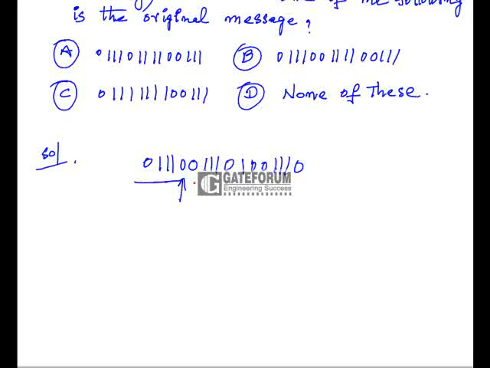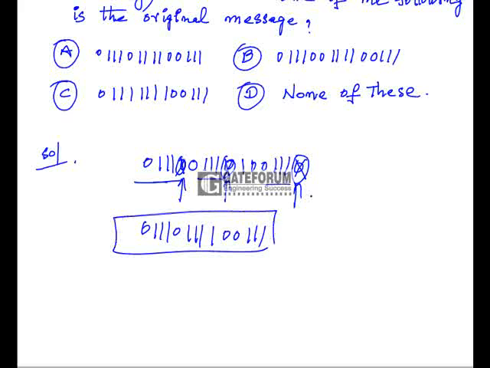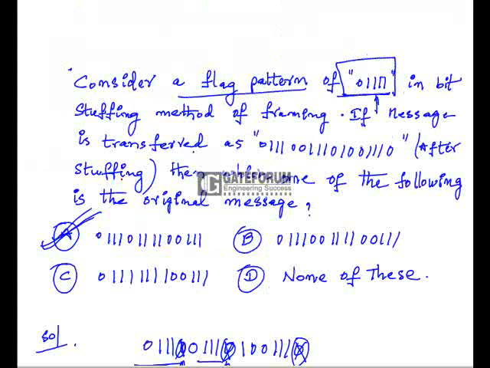So this is a stuffed bit, this is a stuffed bit, and this is also a stuffed bit. If you remove these 3 stuffed bits, you get the original message: 0, 1, 1, 1, 0, 1, 1, 1, 1, again 0, 0, 1, 1, 1. This is equivalent to option A. So option A is the right option.